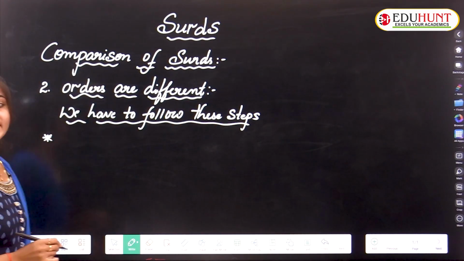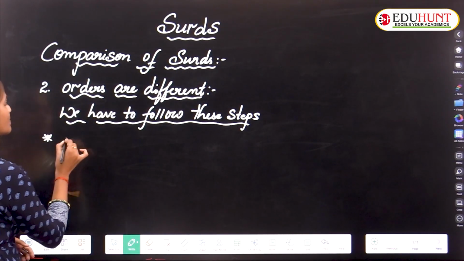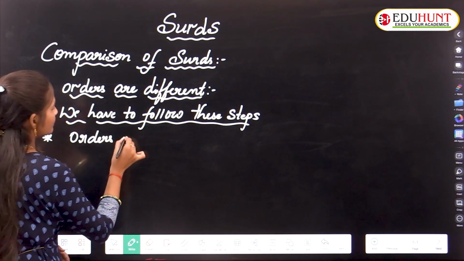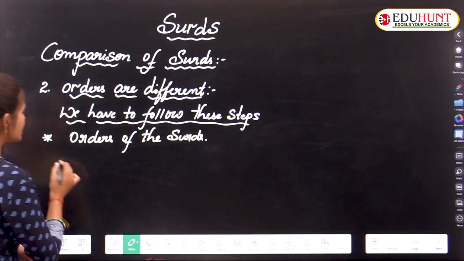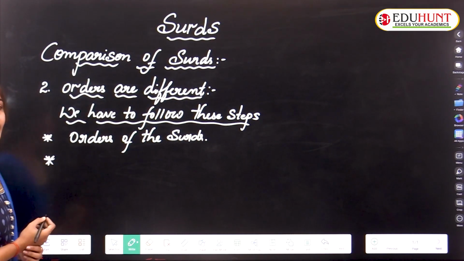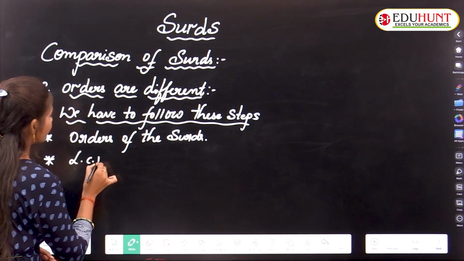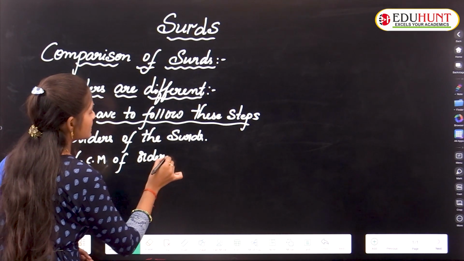First, we need to write the orders of the given surds. Next we need to take the LCM of their orders.